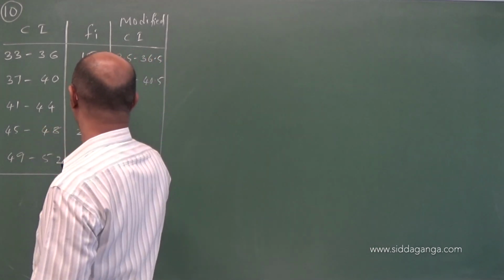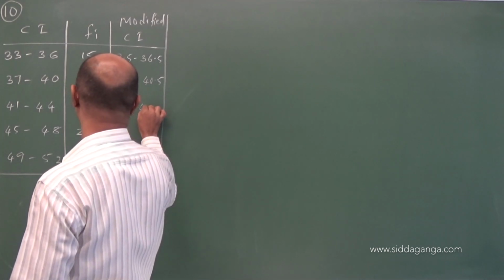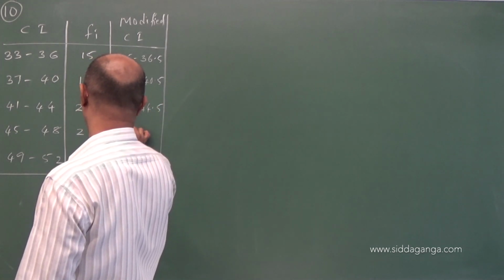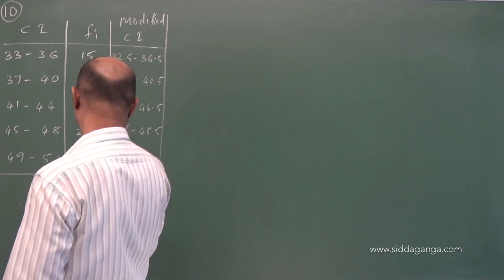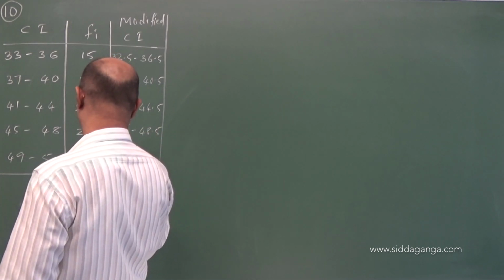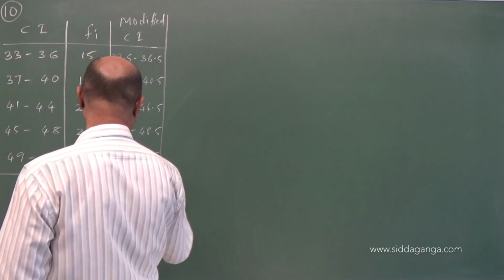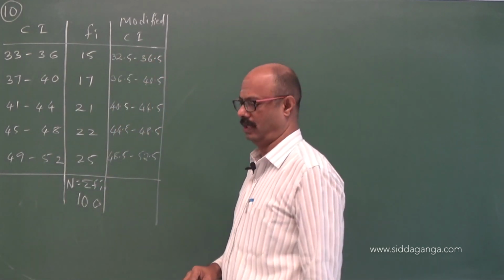Similarly, here this is 40.5 and this is 44.5. This is 44.5 and this is 48.5. And here it is 48.5 and this is 52.5, like this. This is the modified class interval.